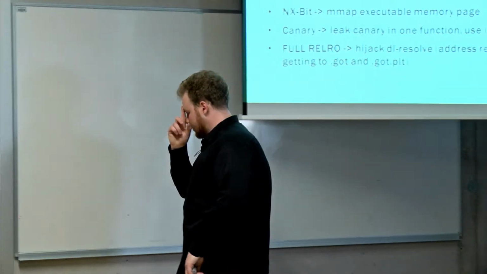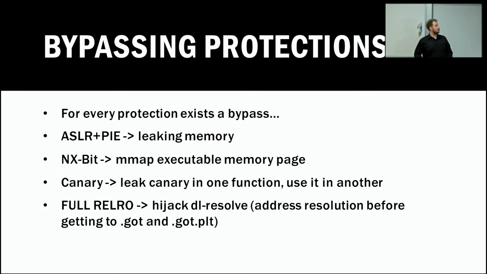Okay, so for every protection there's also a bypass. ASLR and PIE are basically bypassed by us leaking memory. So if we are able to leak an address, let's say that the program is written poorly and we have a for loop that is just writing out data to standard out and there are no boundary checks, and we write some memory address onto the standard out and then read it.